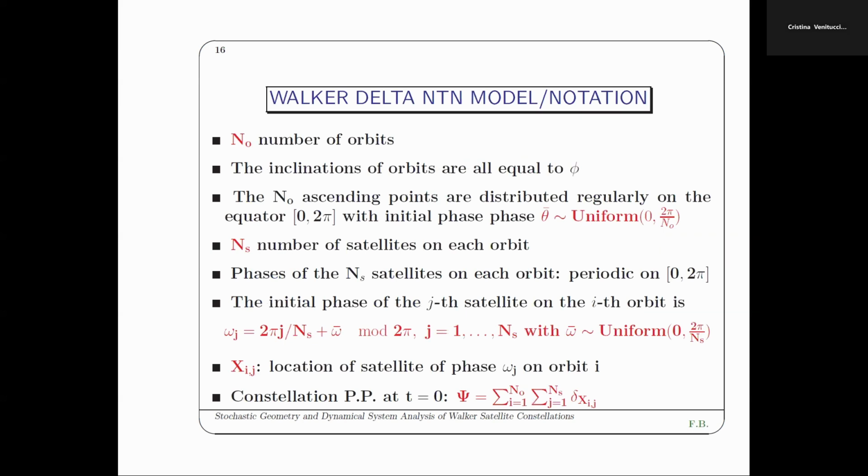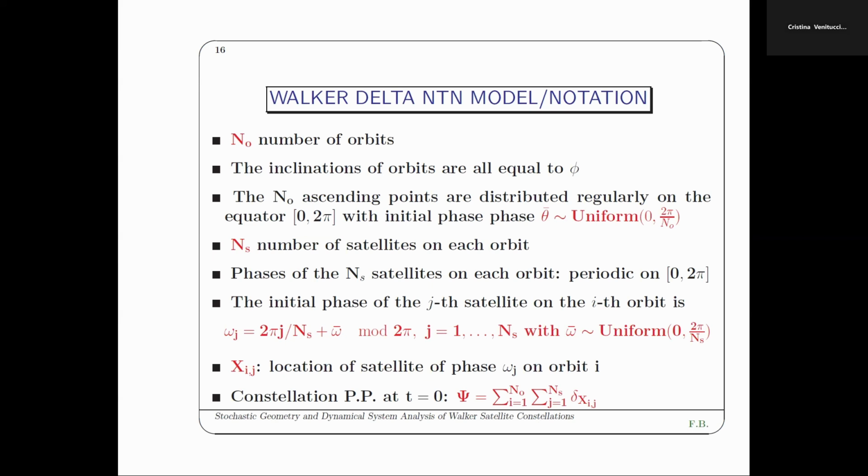Okay, so let N0 be the number of orbits. I repeat what I said, in the mental picture which will be very important in a second: these N0 ascending points are distributed regularly, namely periodically, on the equator, with an initial phase for the first one seen at a given time from Greenwich, which is uniform on 0 to pi over N0, right?